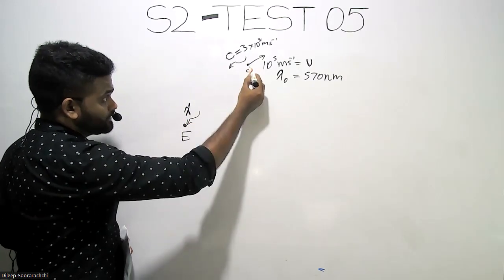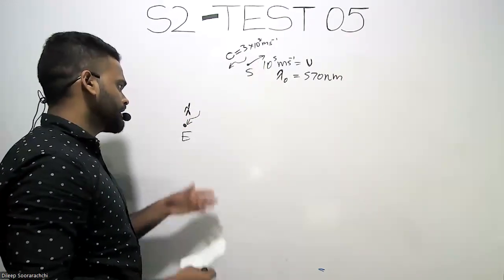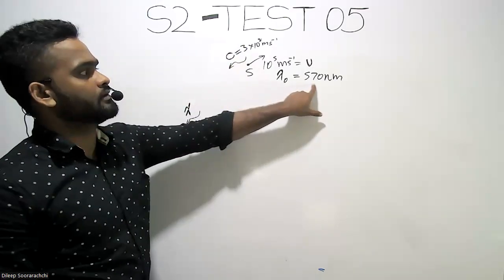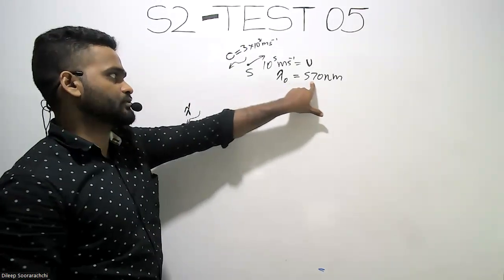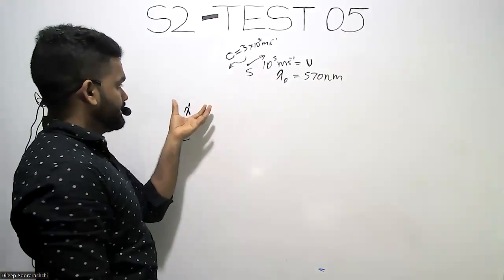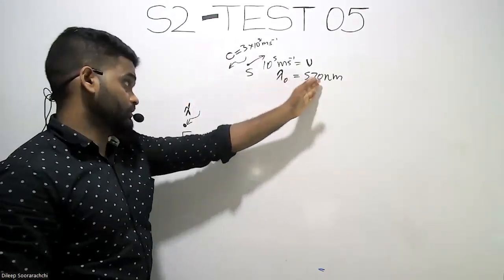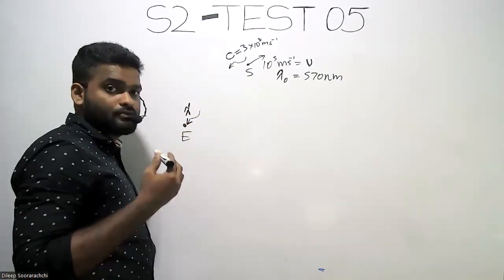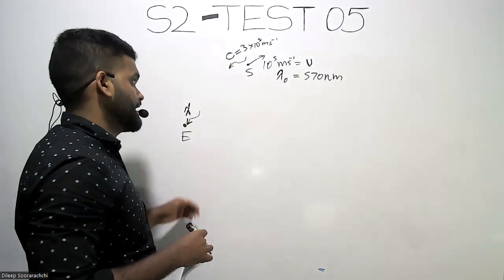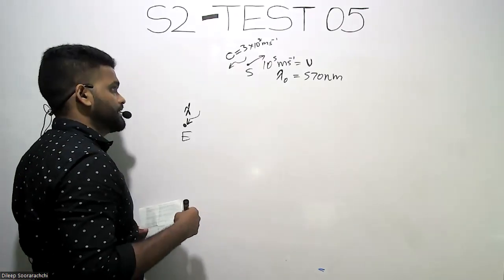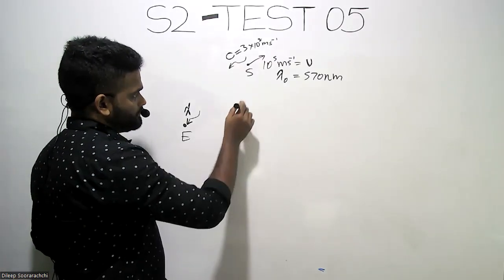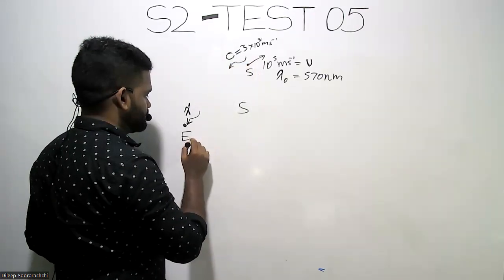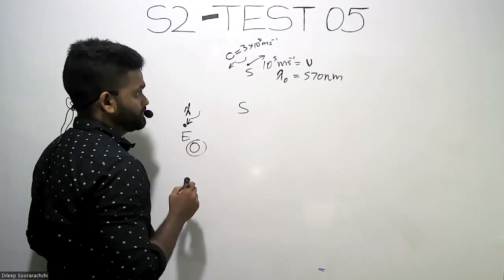Due to the motion of the star, the earth cannot receive the light with the actual wavelength. So it receives an apparent wavelength. Let's say that is lambda dash. So we have to find lambda dash. In this case, the star is the source, and the earth is the observer.